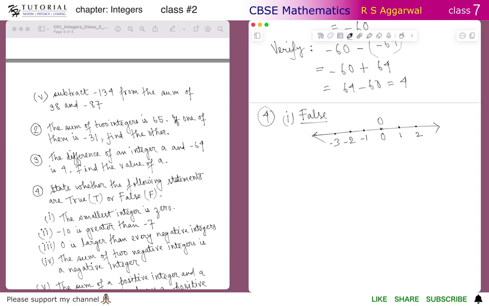There are endless positive integers on the right hand side of the origin O, and there are endless negative integers on the left hand side of the origin O. So there is no end. The more you move towards the left of origin O, the smaller the integer value you will get. So there is no smallest integer.